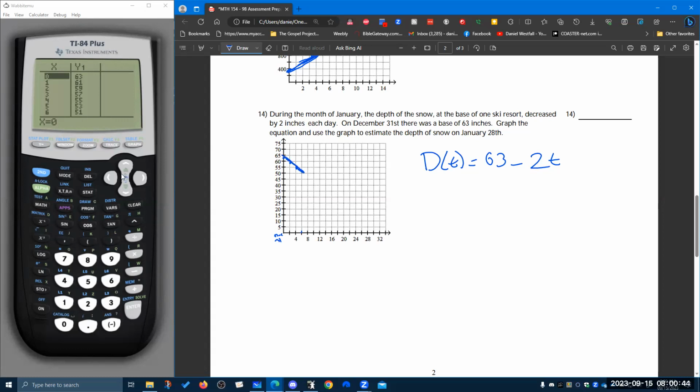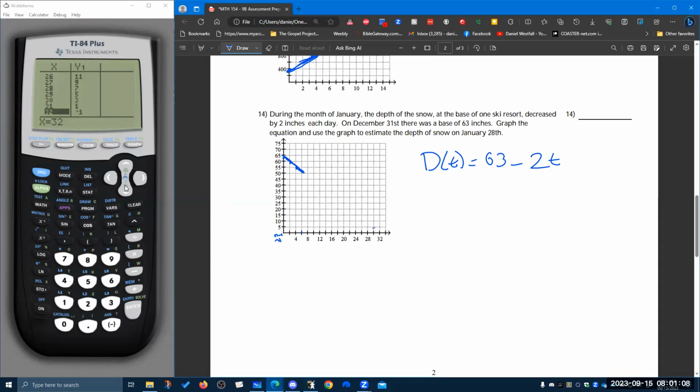Let's see where it crosses the x-axis out there, if it does. At 30 days, it's 3.